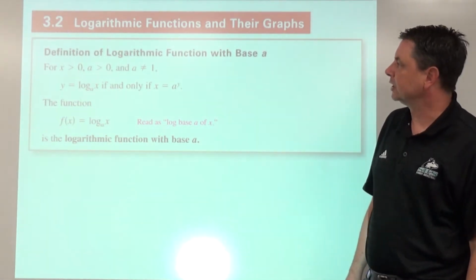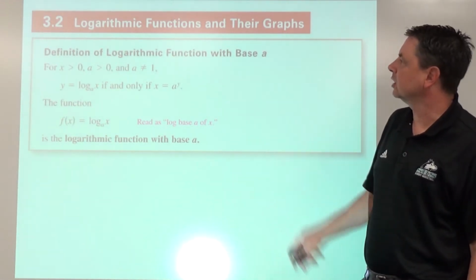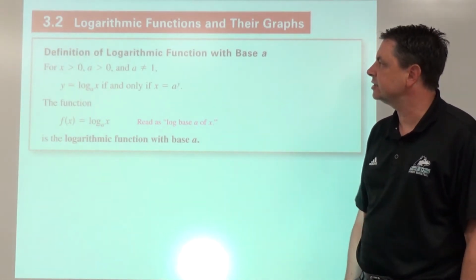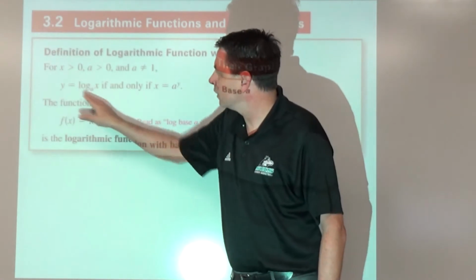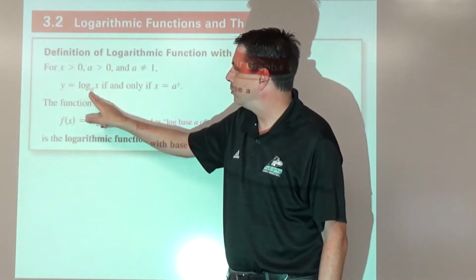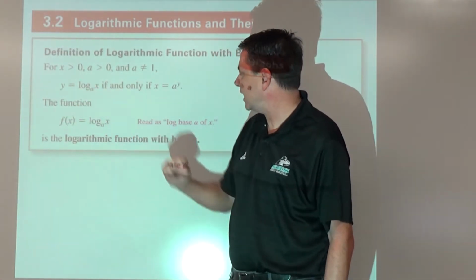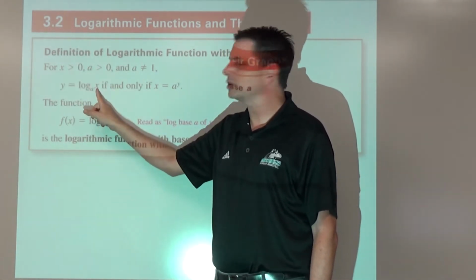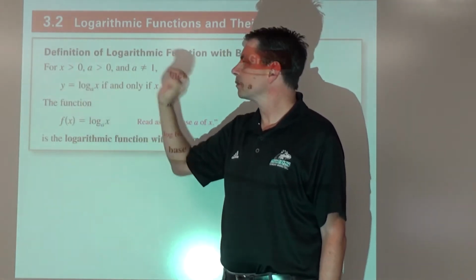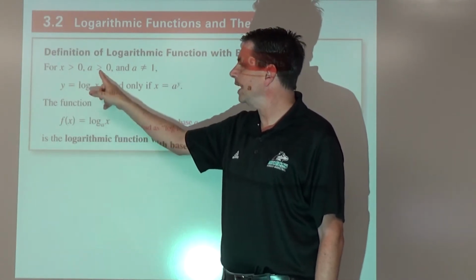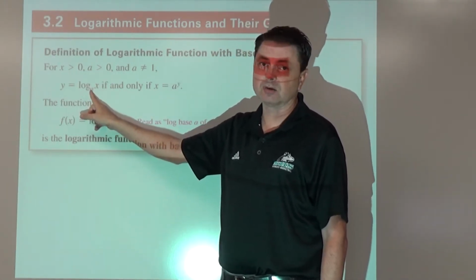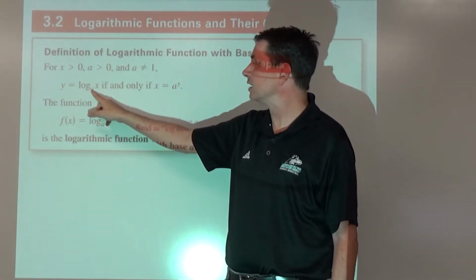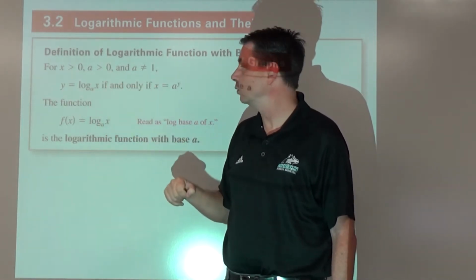Section 3.2, definition of the logarithmic function. A couple conditions here. In our function y equals log base a of x, the x, whatever we're taking the log of, must be positive. Our base, like it was when we were talking about exponential functions, must be positive and cannot be 1.